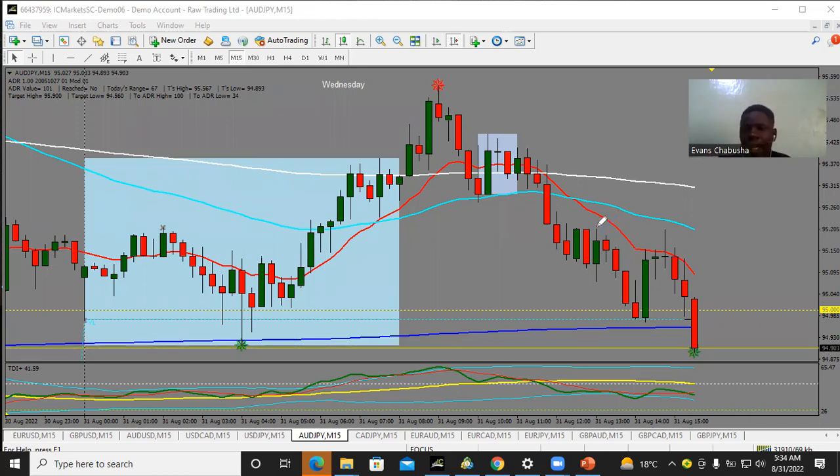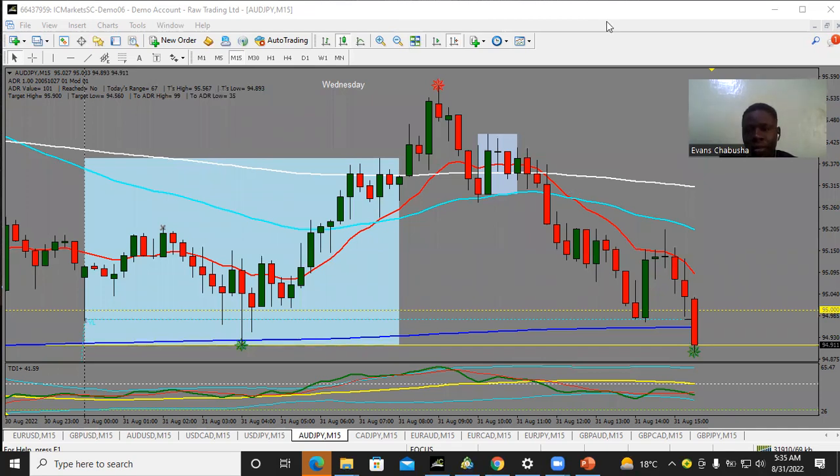Again, my entry was there after that shift candle. I'm going to ask myself, where is price going to find it difficult to penetrate? Usually price finds it difficult to penetrate those things that I put there as support.